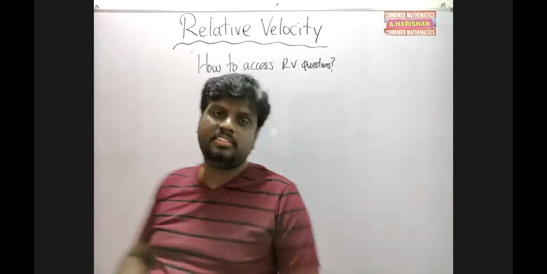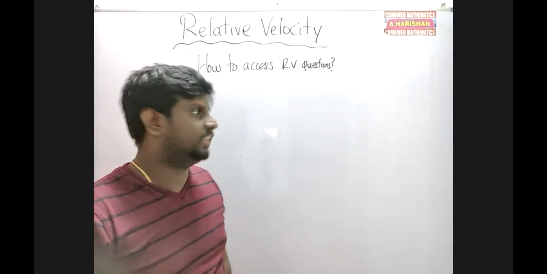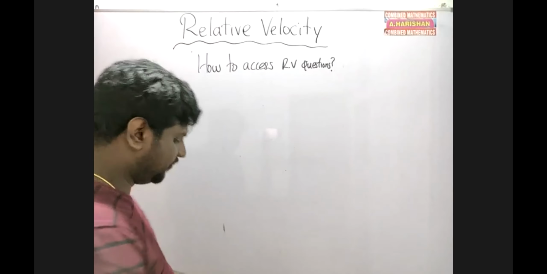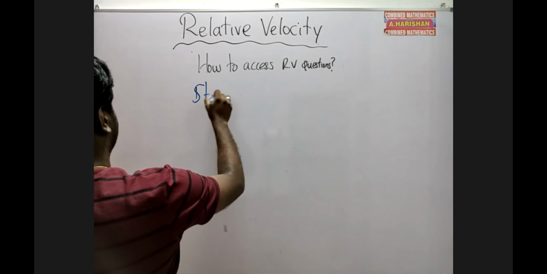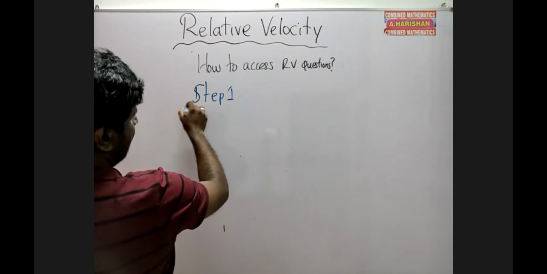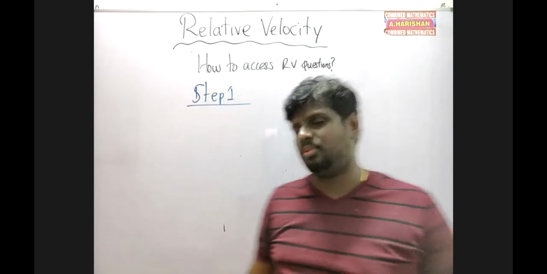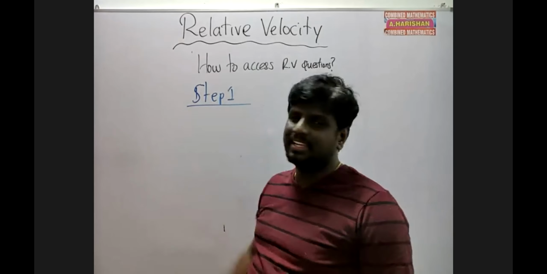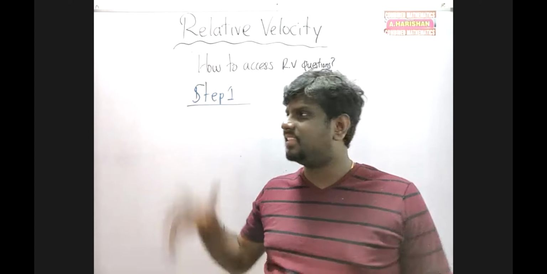If you know these steps, then you are through. At the beginning, you can clear everything. So how to approach? Step one: you have to read the question. Some students may ask, sir, come on, we have to read the question every time, why is that step one?